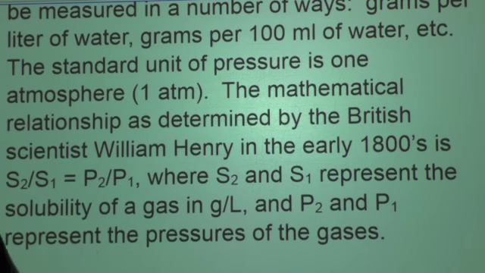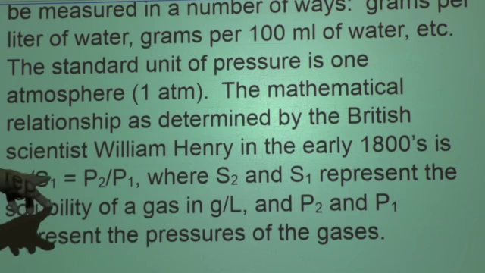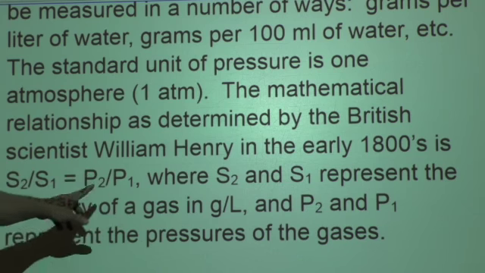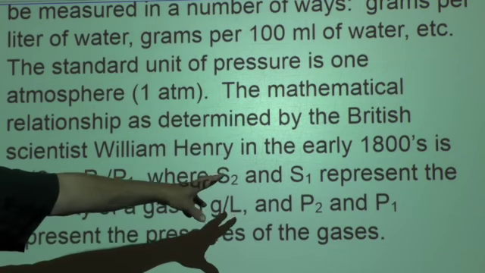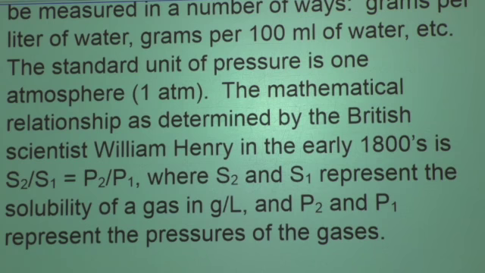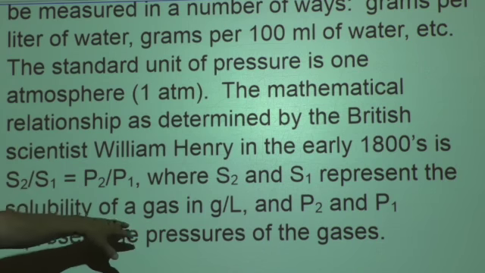To put all this together, no matter how you measure it, the relationship stays the same. It's S2 over S1 equals P2 over P1, where S2 and S1 represent the solubility of the gas in grams per liter, and P2 and P1 represent the pressure of the gases. So it's fairly straightforward. And you don't have to put S2 over S1, you can have S1 over S2 equals P1 over P2.